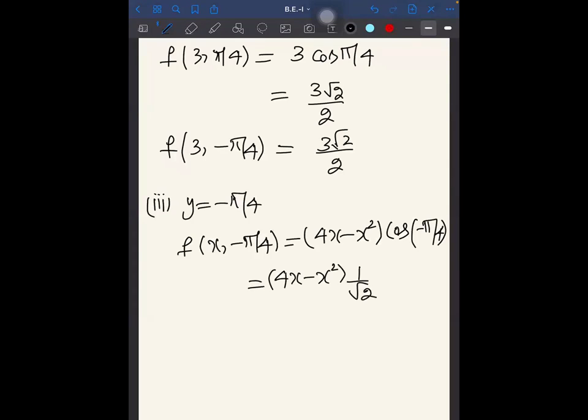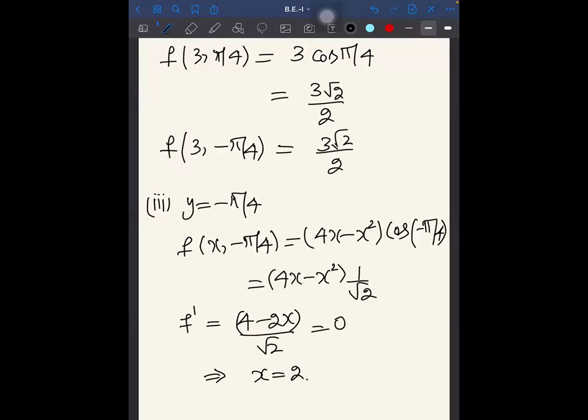So 1 by root 2. So let's take f dash. This becomes (4 minus 2x) by root 2, and we'll keep it to 0. So our x will become 2, right? Yes. You getting the stuff? Yes, sir.